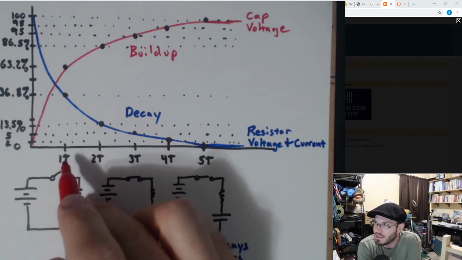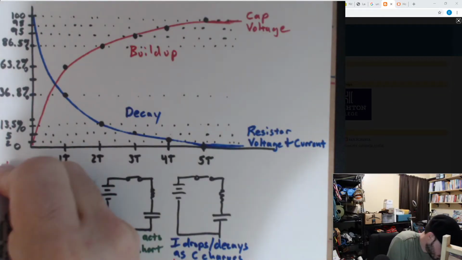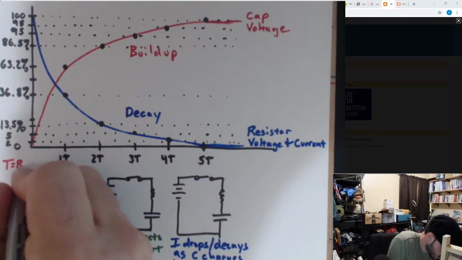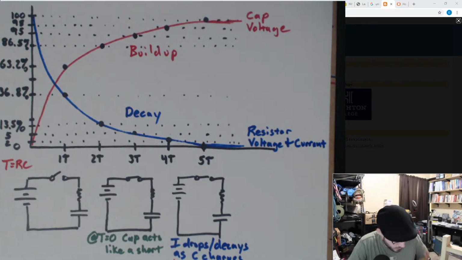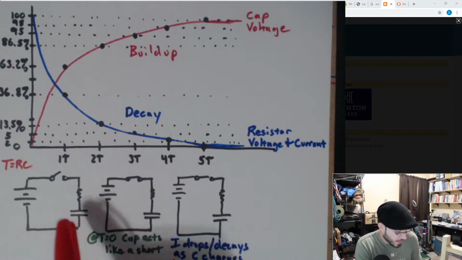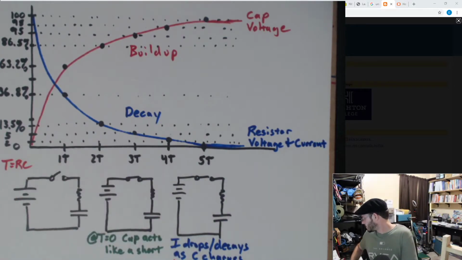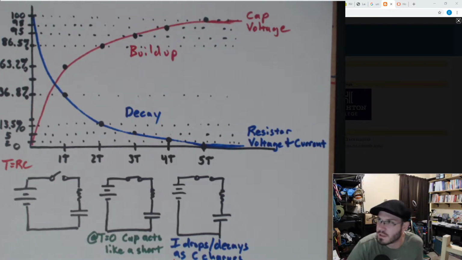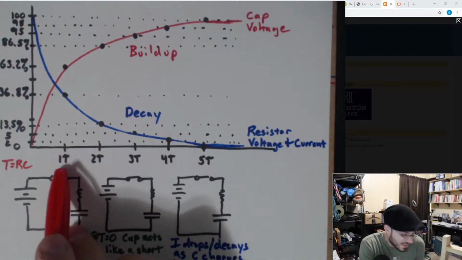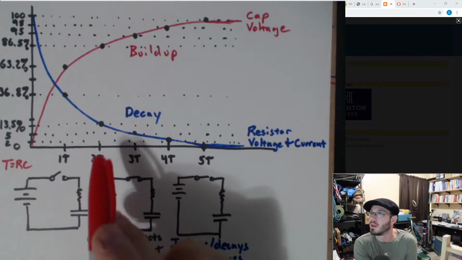Now, the value for the time constant is tau equal to RC. So whatever your resistance value is times your capacitor. If you multiply those two out, you will get the time for this first time constant.